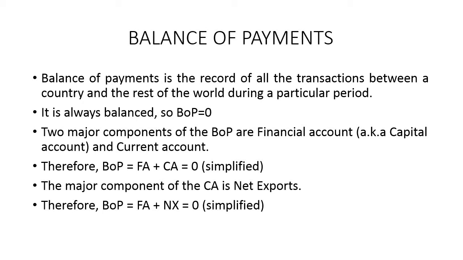And with some reasonable degree of simplification, you can say that balance of payments is equal to financial account plus net exports, and the sum is equal to 0. So again, trade surplus implies financial account deficit. Financial account surplus implies trade deficit.